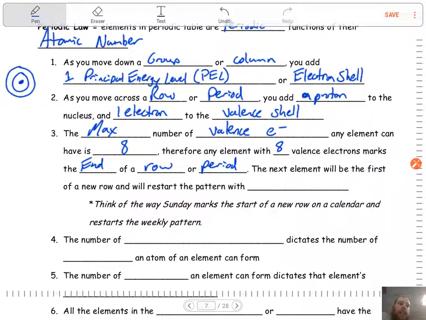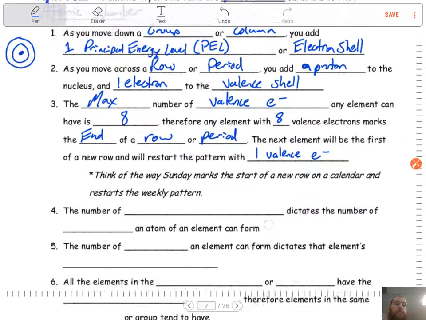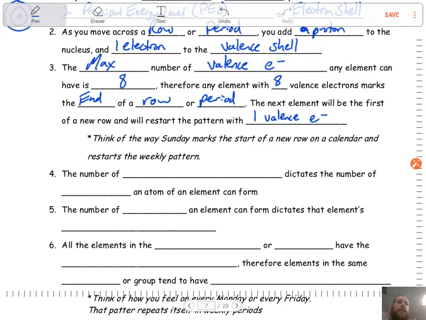We're just using the common pieces, rows and columns, right now because it's so new to us. The next element will be the first of a new row, and we'll restart the pattern with 1 valence electron, which we already looked at in the last video, where you saw that everyone in the group had the same one. Think of how Sunday marks the start of a new row on a calendar or restarts the weekly pattern. That's a good analogy to think about.